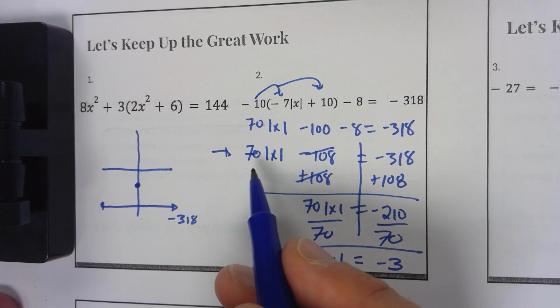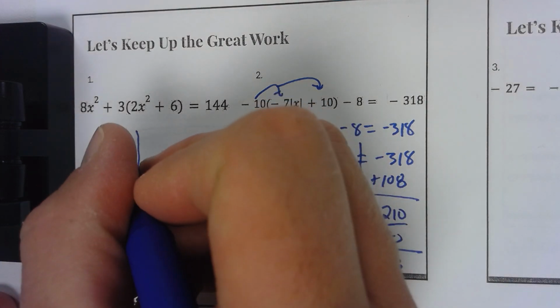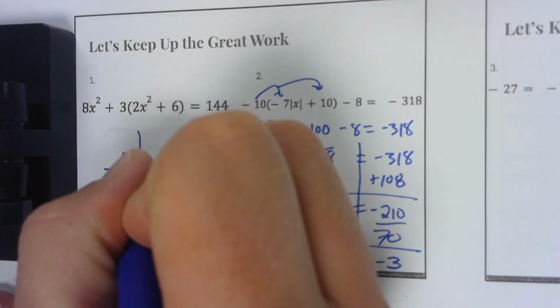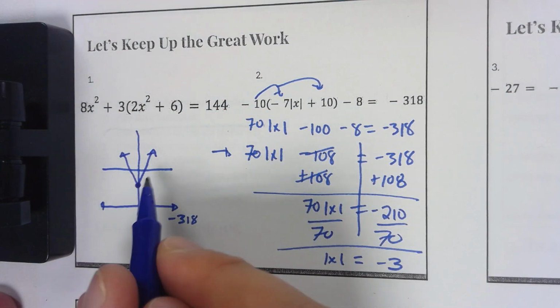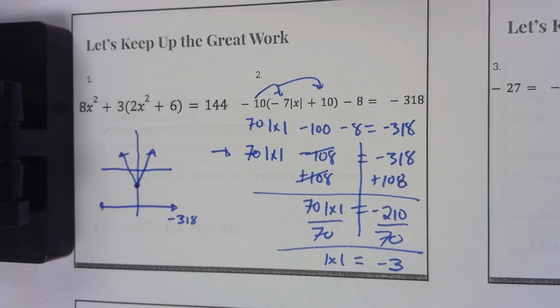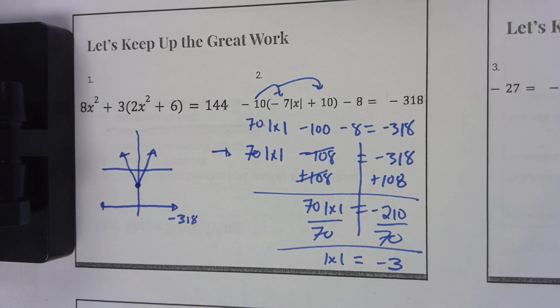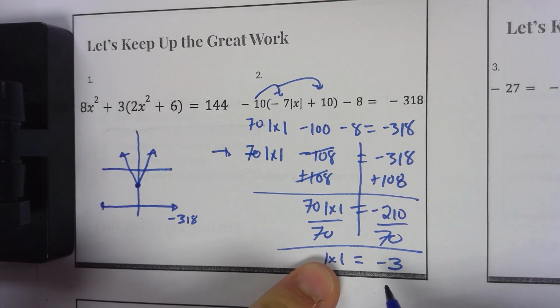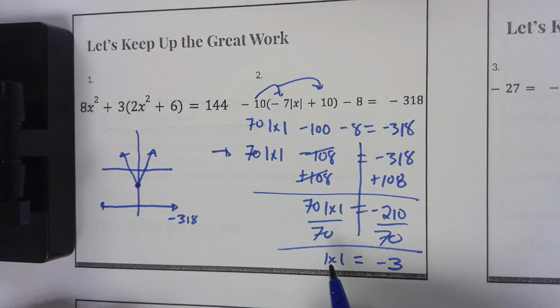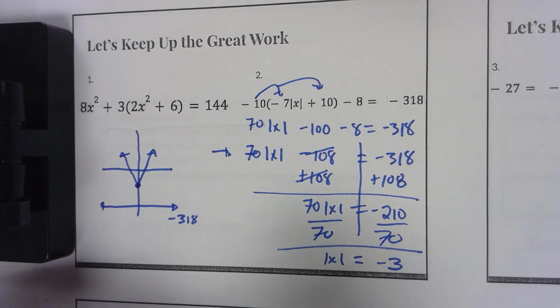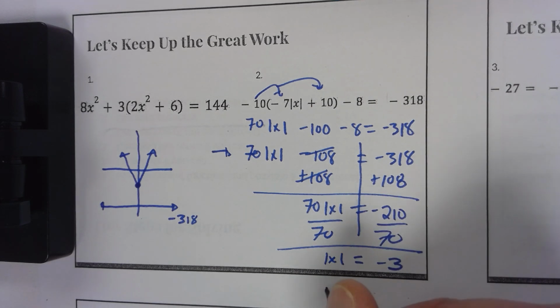And then the positive 70, which is that A value, has us opening up. And so I'm noticing that this absolute value graph does not intersect with the line that tells us our solutions. And thus, the graph is telling me no solution. In the equation, I'm getting to a point where the absolute value needs to equal a negative, which can't happen. And so thus we conclude no solution.